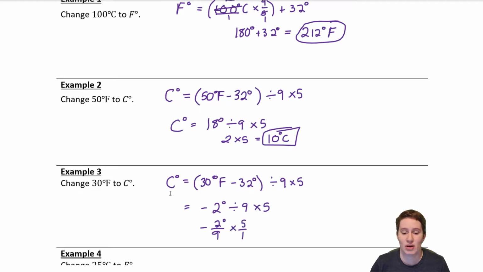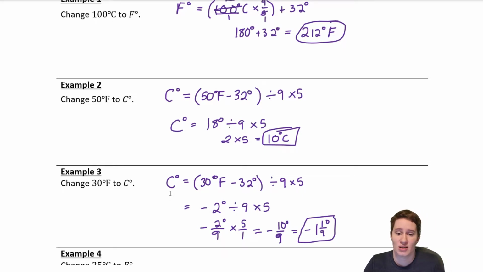And then when we times it by 5, we'd make the 5 over 1, so that we do 2 times 5 on top, which is 10, and 9 times 1 on bottom. Nothing here simplifies, although we could change this to a mixed number, or we could go ahead and get the decimal for this as well. And I would say that personally I'm okay with, if you want to get this decimal using a calculator, that's fine, because I'm not really at the moment testing you on your ability to divide and get a decimal.